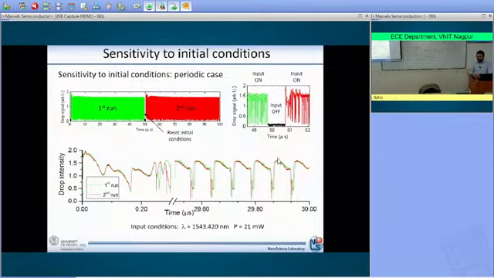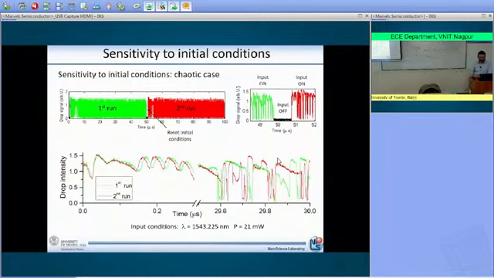Okay, a small difference, simply a small fluctuation in the power intensity. And so we are changing the initial condition. And in the periodic situation, the response after a given time, before and after, is exactly equal. So you see that the green and the red traces overlap perfectly.